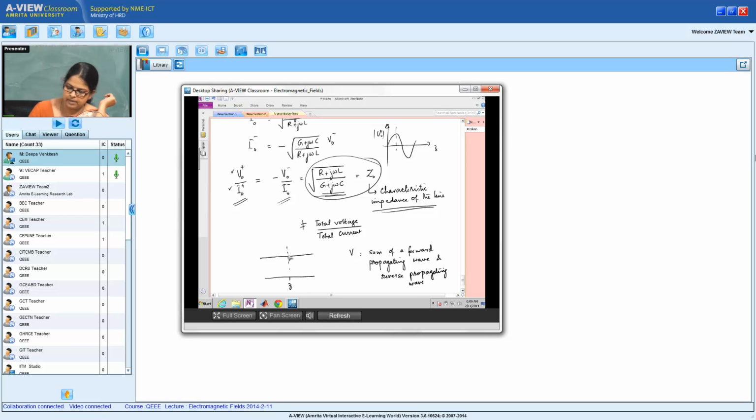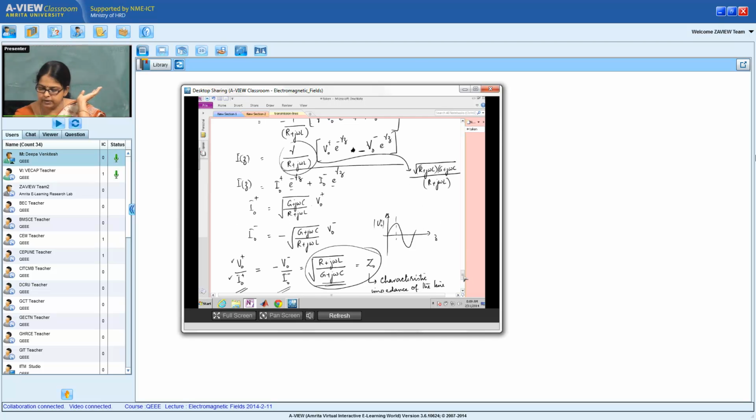At any point, we did not put any boundary condition, we just took the line. We did not say what the source is, we did not say what the load is. All we are saying is that the line can support two waves, one propagating in the forward direction, the other propagating in the reverse direction.